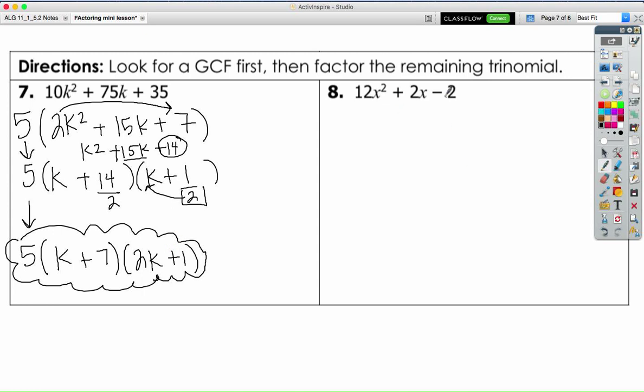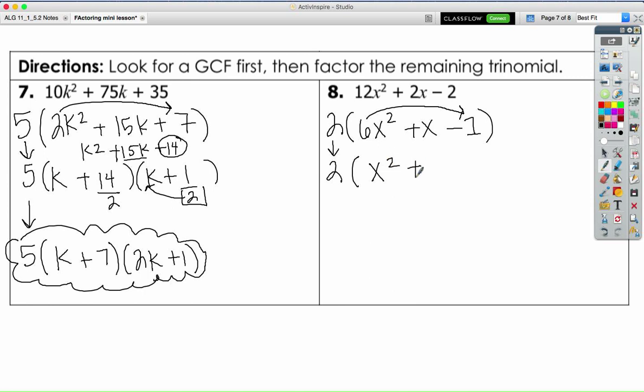On number 8, the common factor we should pull out first is 2, and then we're left with 6x squared plus x minus 1. And so here we could again try the slide method. So bringing down the 2, it's still part of the answer. We would then be trying to factor x squared plus x minus 6.